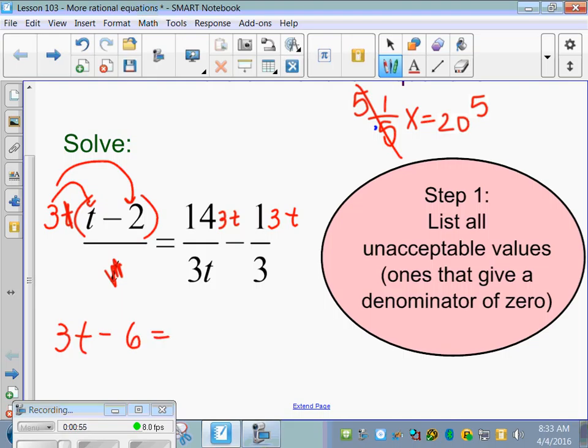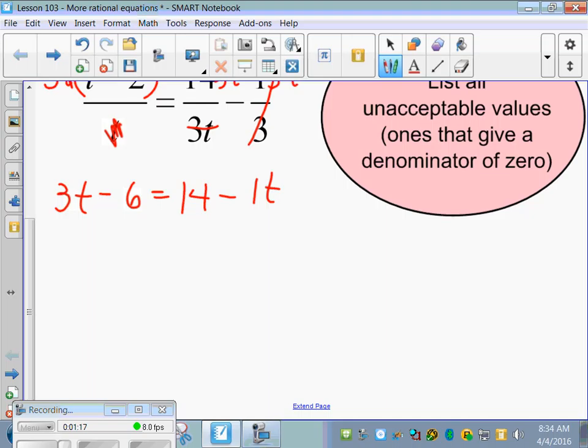On the right-hand side, when I multiply 14 over 3t times 3t, the 3t's cancel out, and I just have a 14 left. And the 1/3 times 3t, the 3's cancel out, and I have a minus 1t, which is minus t. Now we solve like normal because we fraction busted and got rid of all the fractions, so our life was way better.